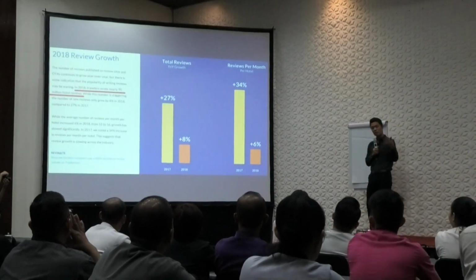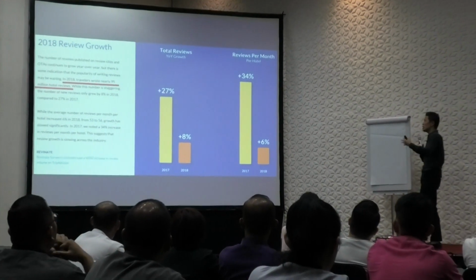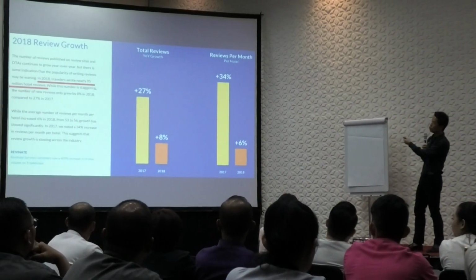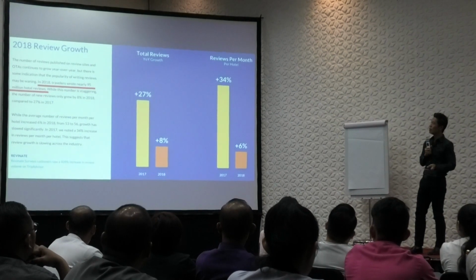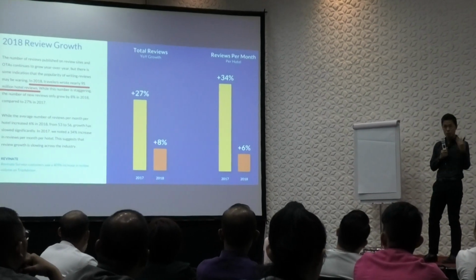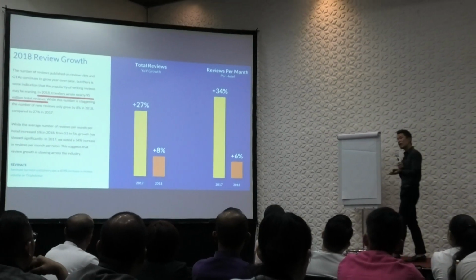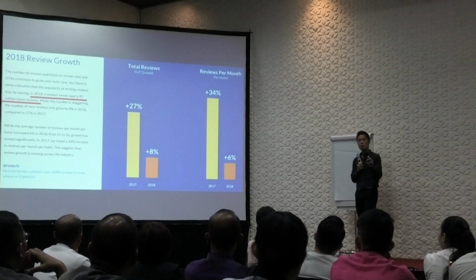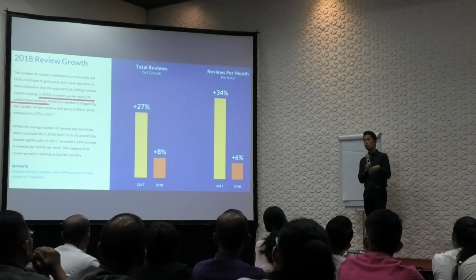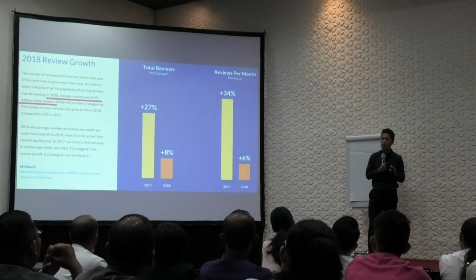So more and more reviews are coming up. We can safely assume that every year 100 million reviews come up, so they will accumulate. If you go to the internet and search for reviews of a specific hotel, you should be able to find thousands of reviews very, very easily.